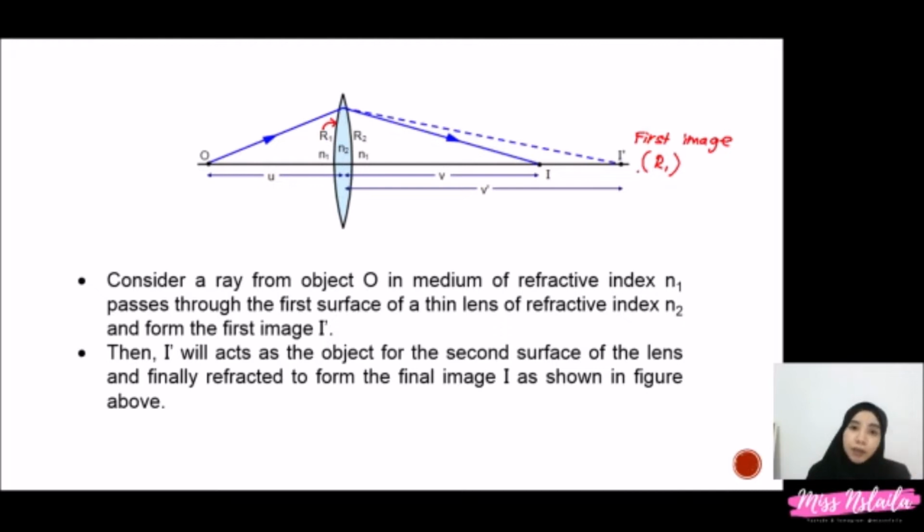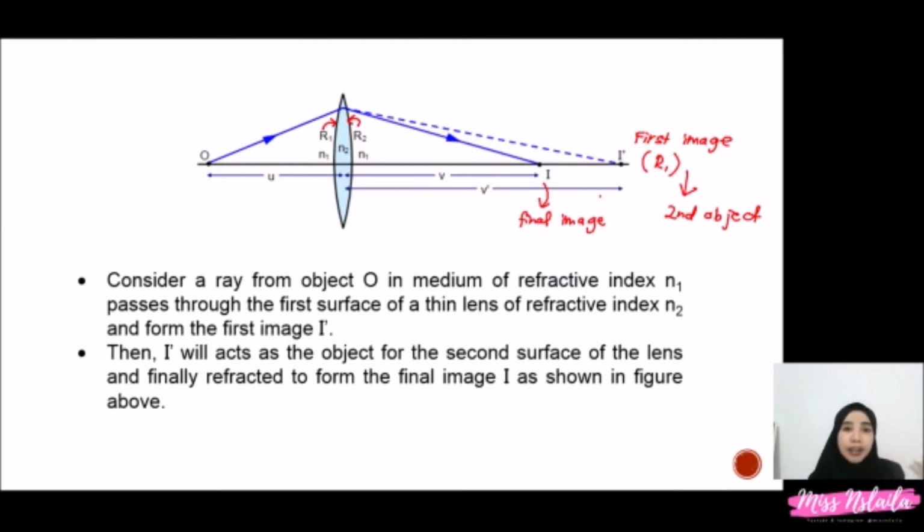The refraction from the first surface or R1 will produce the first image. After that, this image will become the second object. After that, this second object will produce incident ray from here and then refract at the second surface or R2, and the refracted ray will produce the final image.